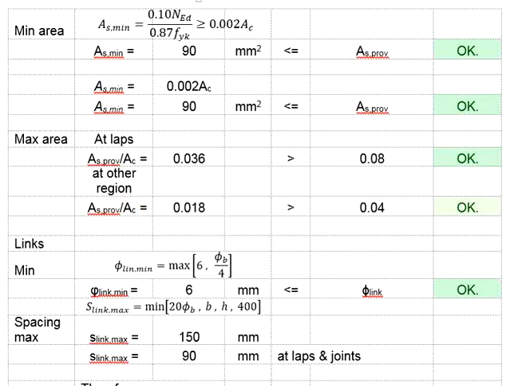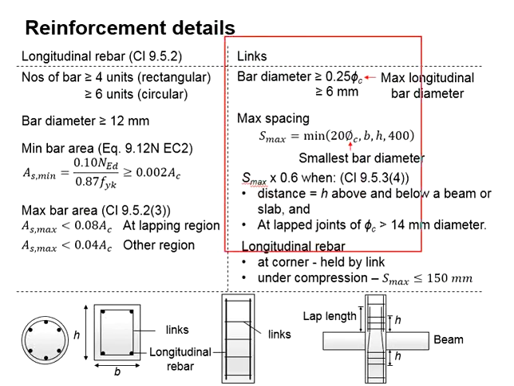The reinforcement constitutes about 1.8% of the total cross-sectional area of the column, which is less than 4%. That means the AS maximum is not exceeded. At the lapping regions, the amount of reinforcement bar doubled, and it is less than 8%, and the AS maximum is also not exceeded. Next, we will deal with the requirements for the limb.